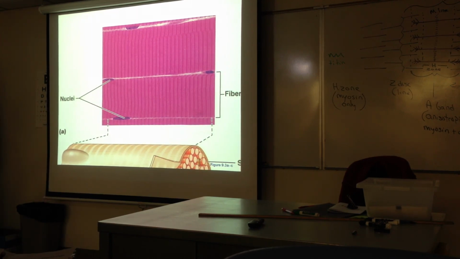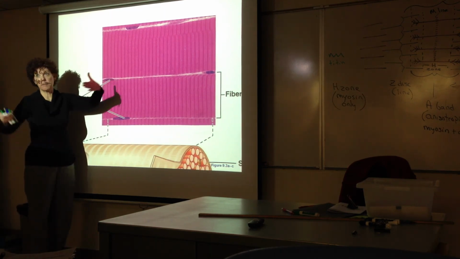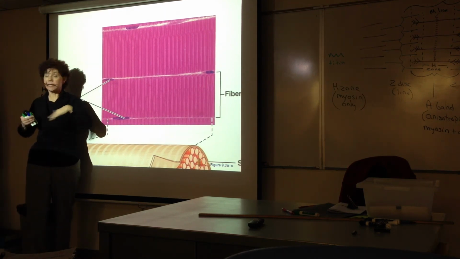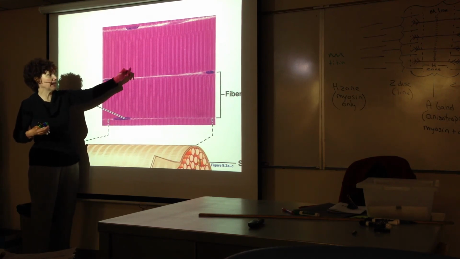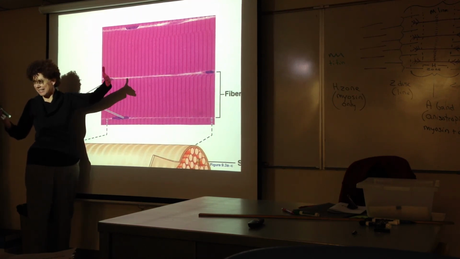That's the myosin. So that's the A band, with overlapping actin. That's the anisotropic. The light pink is going to be the I band, and the dark line through the middle of that, it will be the Z. Remember, the I band has the Z disc.